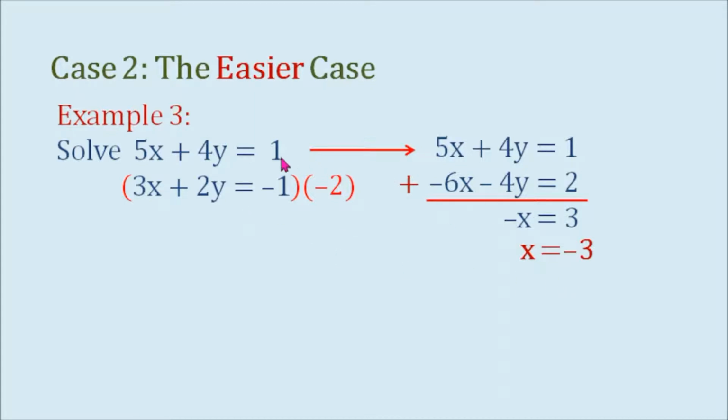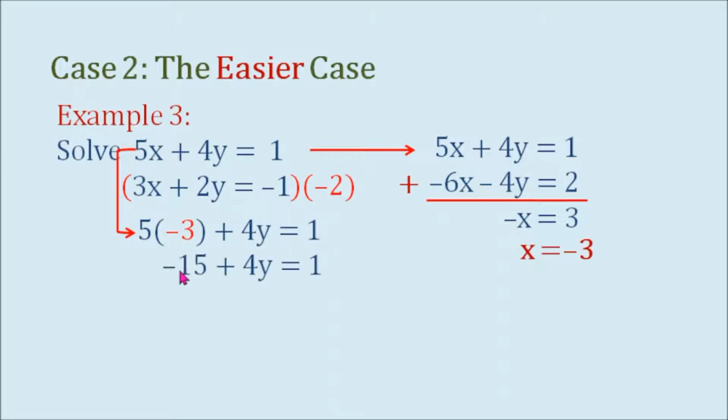Now we can solve for y using either equation. Using the first equation, we are going to substitute x with -3 and solve for y. So that's 5 times -3 plus 4y equals 1. 5 times -3 is -15, so -15 plus 4y equals 1.